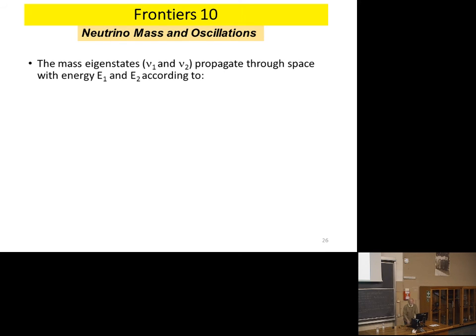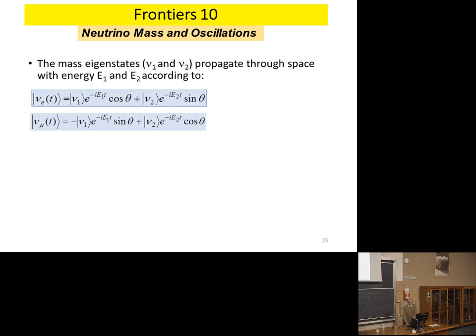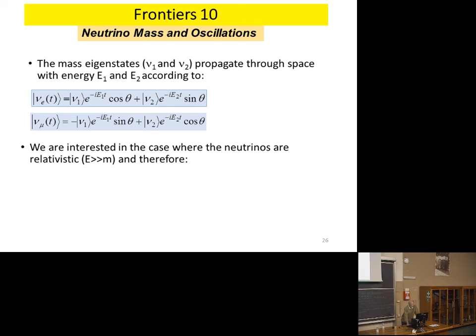So the mass eigenstates, that is, the nu1 and nu2, are what propagate through space with energy E1 and E2, and then by a formula that has this angle in it, because we don't know that it's, say, 45 degrees or something else. And they propagate through space.